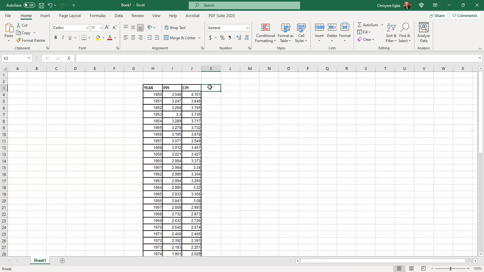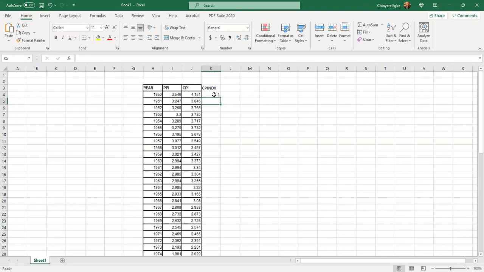So I'm going to call this CPI index. Okay, this is the CPI index. So the matter is very simple. You go equals, since you're comparing to 1950 and we're comparing the CPI, it's going to be J4 divided by $J$4.